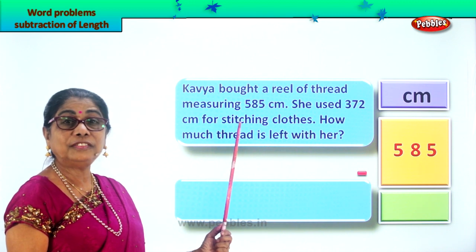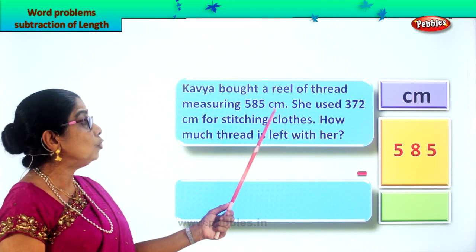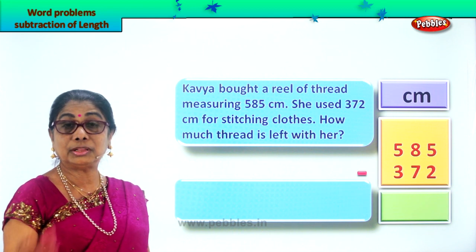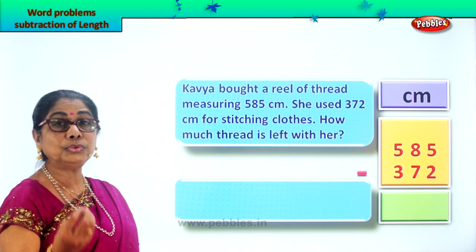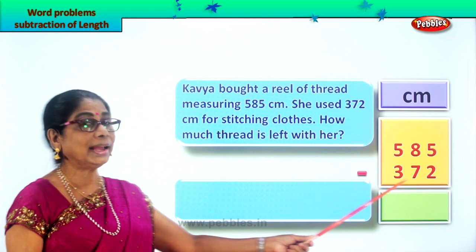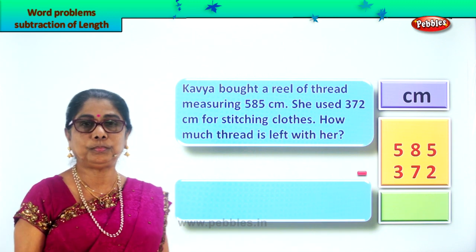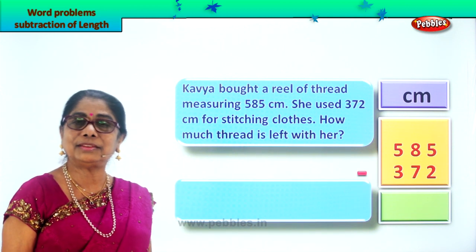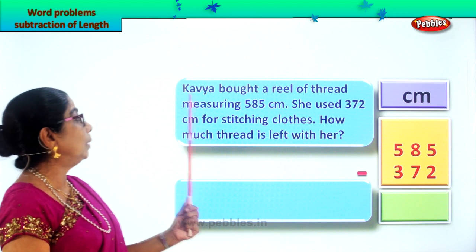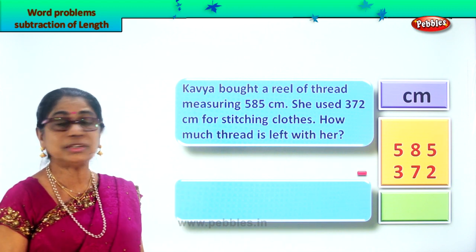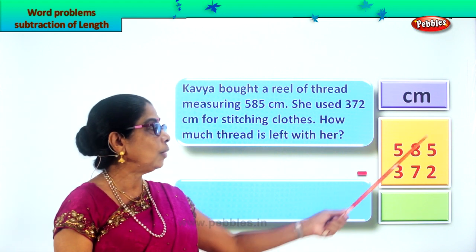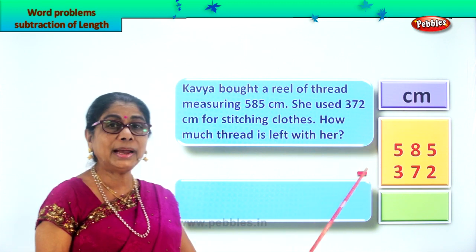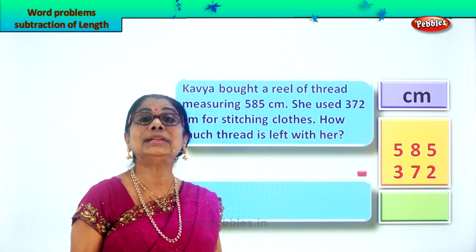The length of the thread used for stitching clothes is 372. Now, when you subtract, what is left will be the length of the thread left over with Kavya. Let's do the subtraction together. Now, we have ones, tens and hundreds. 585 centimeters minus 372 centimeters.